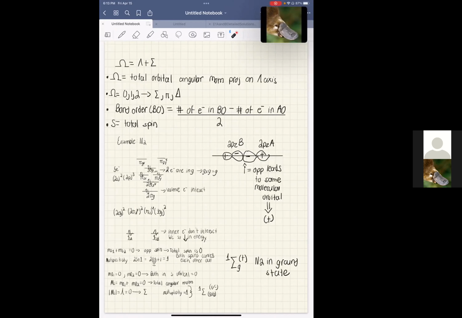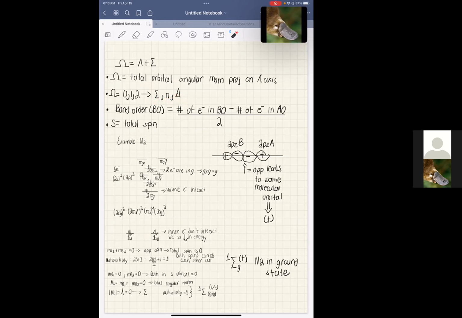This is going to be the total orbital angular momentum, and we add the mLs together to find out what the symbol is. So if it's equal to 0, it's equal to this sigma, if it's equal to 1, it's equal to this pi symbol, and if it's equal to 2, it equals this delta symbol.